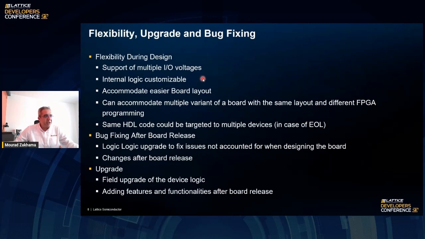You could also accommodate an easier board layout by selecting the pins that are more adapted to the PCB, to the components that you have on the PCB. And the other advantage is you can accommodate multiple variants of the board with the same layout. The FPGA configuration could be different for each board to enable different features. So this could even save you some PCB respins between different variants of a project.